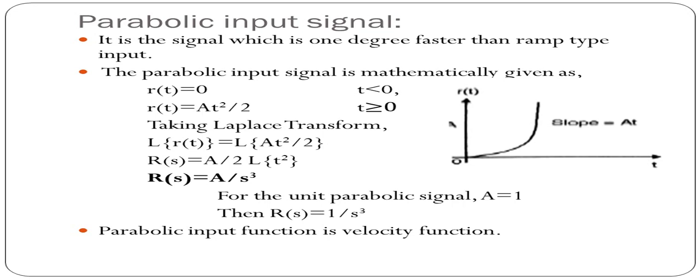So 2 and 2 will get cancelled and the Laplace transform of parabolic input signal becomes a upon s cube. Then for the unit parabolic signal, that is when a is equal to 1, then the Laplace transform r of s is equal to 1 upon s cube. The parabolic input function is also known as acceleration function.